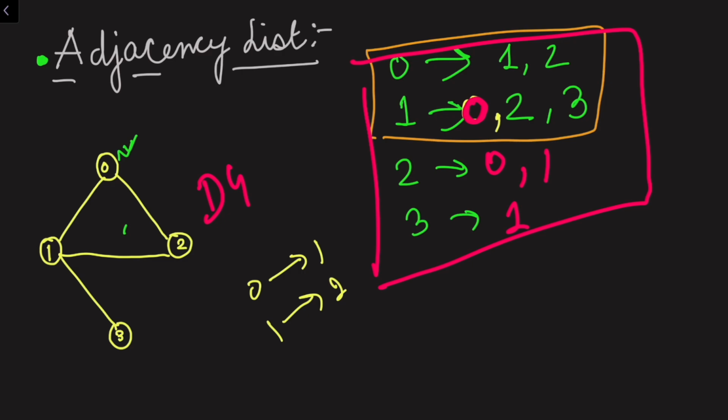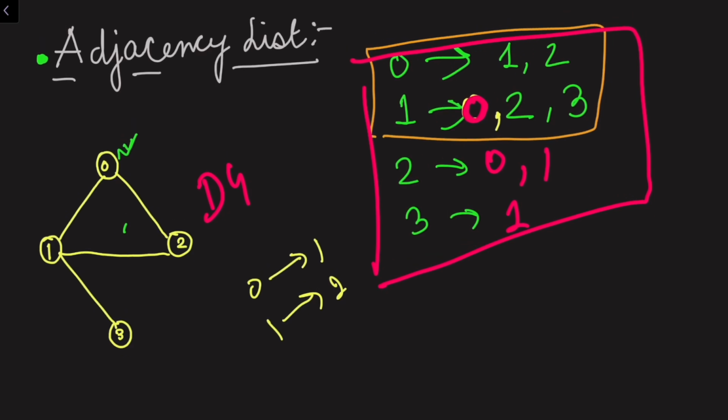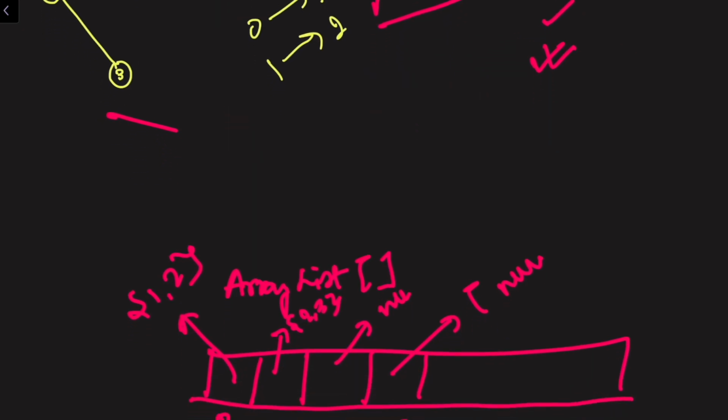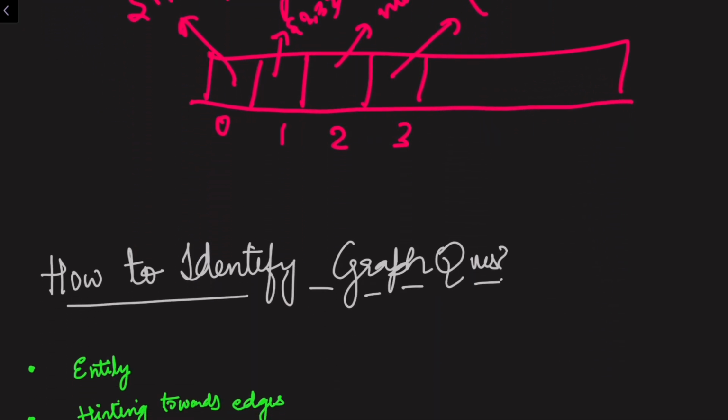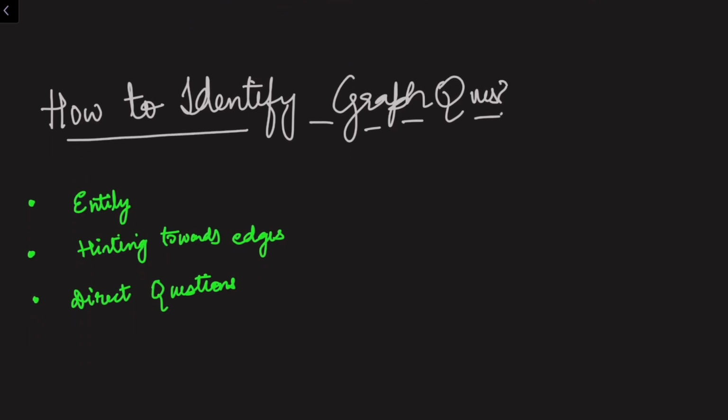Now that we understand how to represent our graph, whether as a matrix or an adjacency list, the third concept we need to understand is how to identify graph questions. How do we know that a question is a graph question? There are some pointers. One is entities.